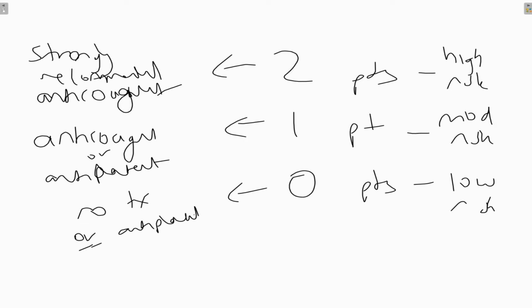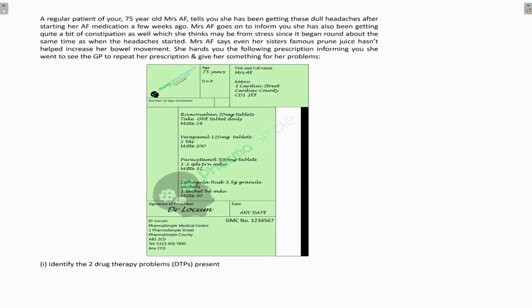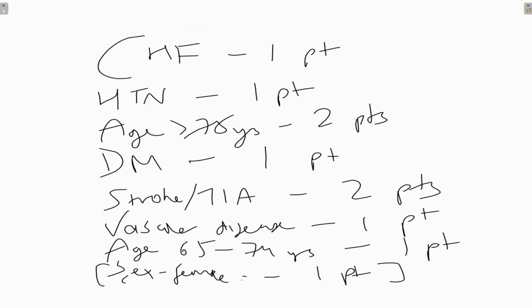Now, if we apply this back to Mrs. AF, we can see she's 75 years old. So she automatically gets 2 points. And we also know that she's female. So that's 1 point.